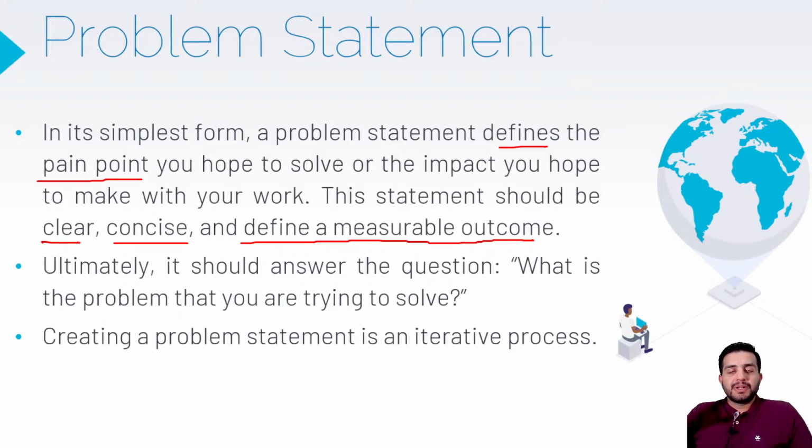So in the simplest form, as I've said, a problem statement is basically going to define the pain point which I'm hoping to solve, or with which I'm trying to make an impact with my work. And this pain point could be anything.